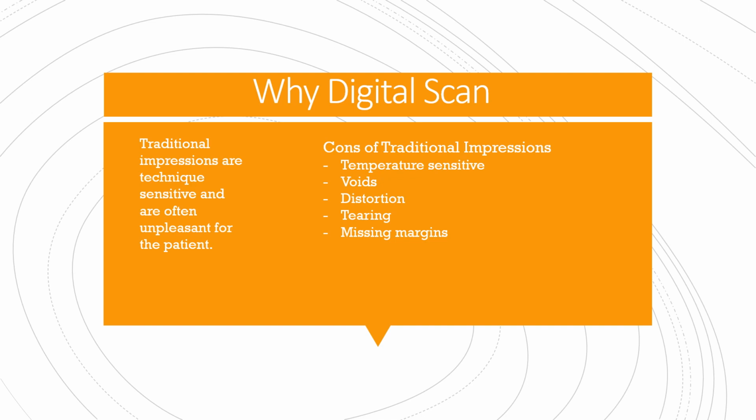Voids in that impression, again, can cause issues with the appliance fitting correctly. There can be distortions with the material. There can be tearing, and those can be missing the margins needed to make the appliance, and the appliance will not fit.